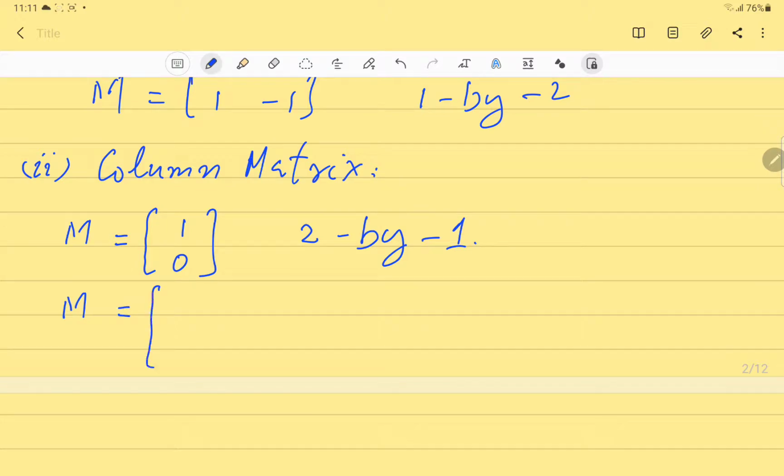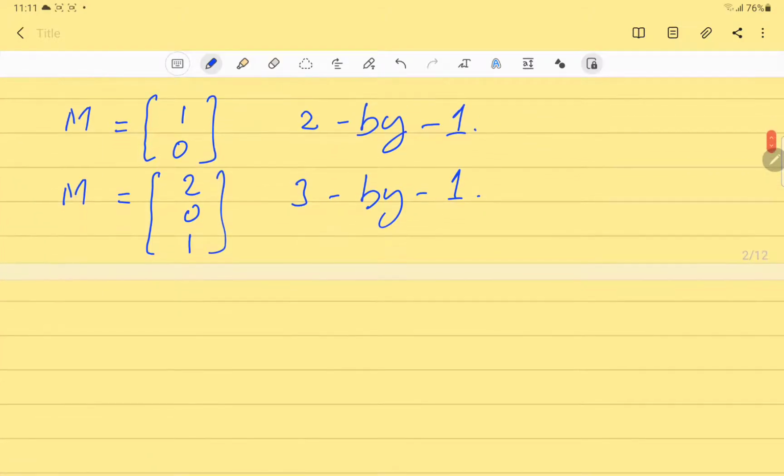Suppose M is equal to 2, 0, 1. Again we have only one column and three rows. So how will we write its order? First the number of rows, which are 3, and only one column is there, so the order is 3 by 1.